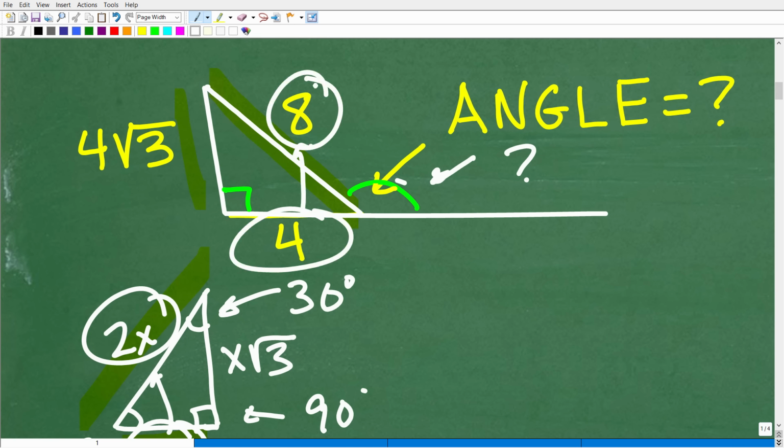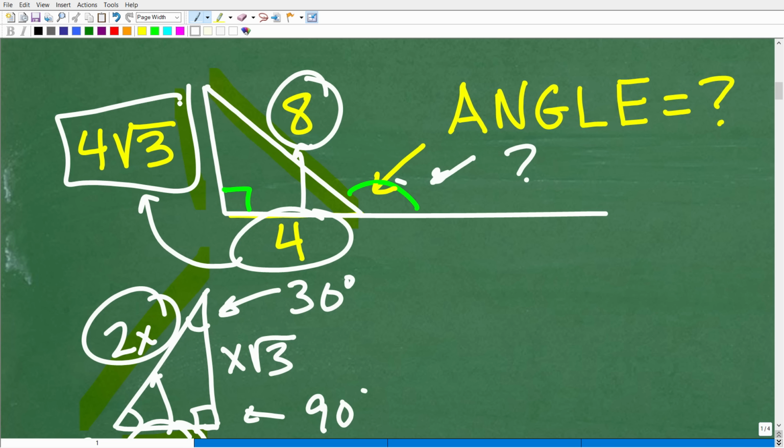This is double that. Oh, interesting. That happens when we have a 30, 60, 90. Let's check if the short side times the square root of 3 is this side right here. And that's exactly what you would do in a 30, 60, 90 special right triangle. That's important, because now we know the angles of this triangle. We just don't know that this is a right triangle.